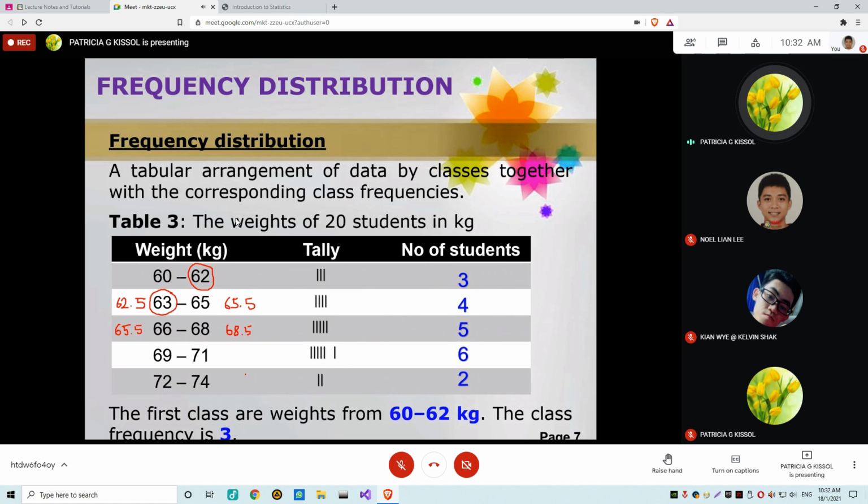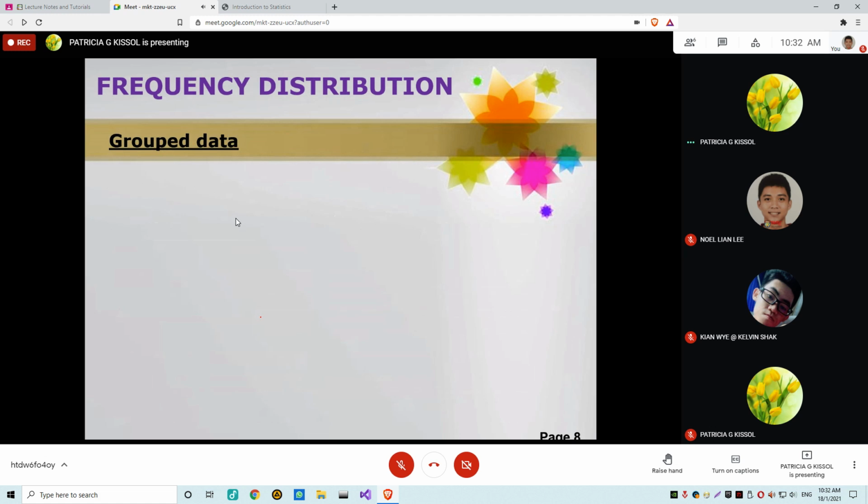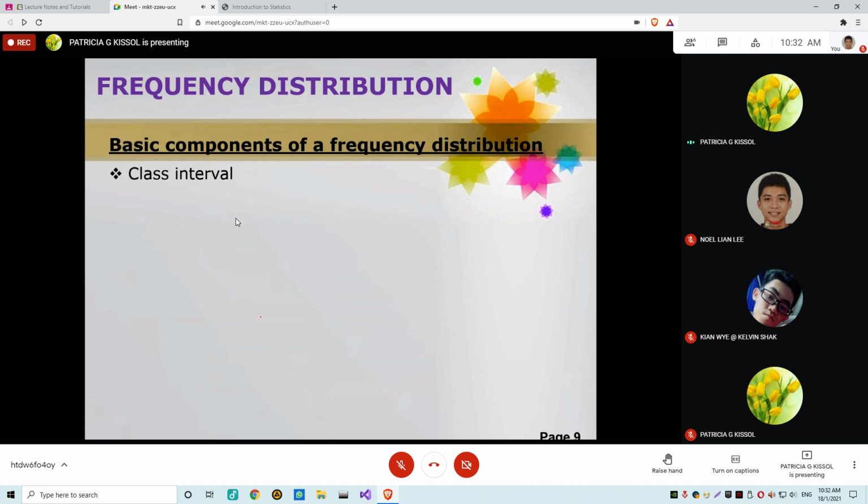And that would give you the size 3. So if you do the same with the second category, 65.5 minus 62.5, it still gives you 3. So that's why the size is always 3. I go back here again.